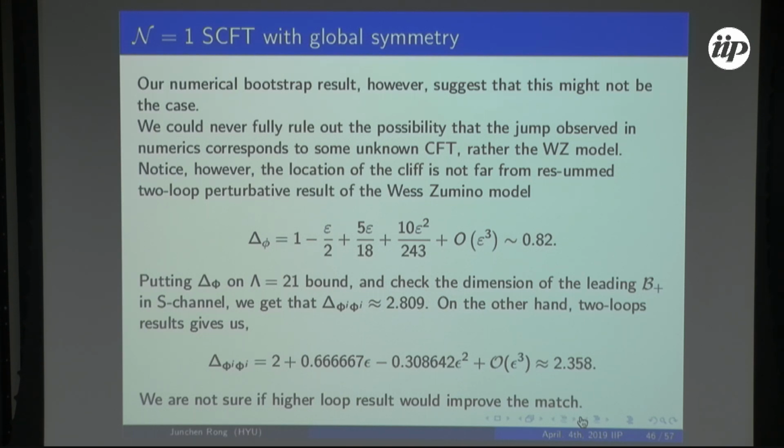Another example was the recent 5 loop results for the cubic model, and so indeed, I think probably people should rethink about resurgence and how to better extract information from epsilon expansion. But back to us, I'm just saying this is the result.